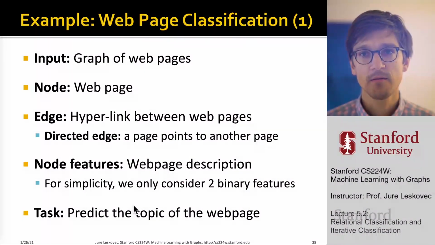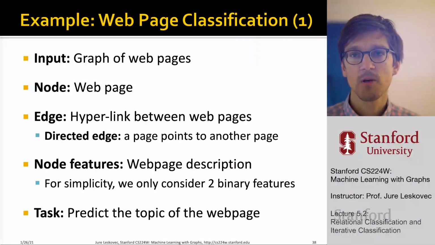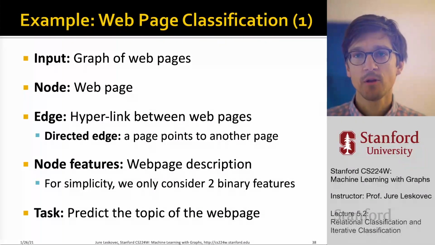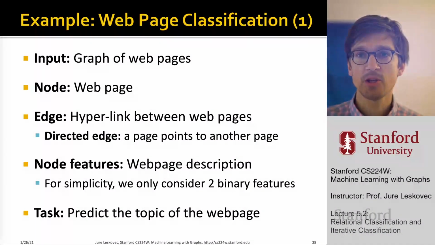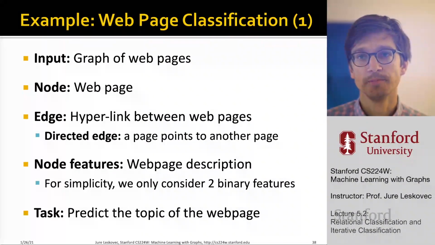And then the second thing is that we can assume that pages on similar topics, or on the same topic, tend to link to one another. So when we make a prediction about the topic of a page, we don't only rely on the words that the page uses itself, but we also want to rely on the labels, on the topics, of the pages that link to this page of interest. So that is the idea. This is what we would like to do.